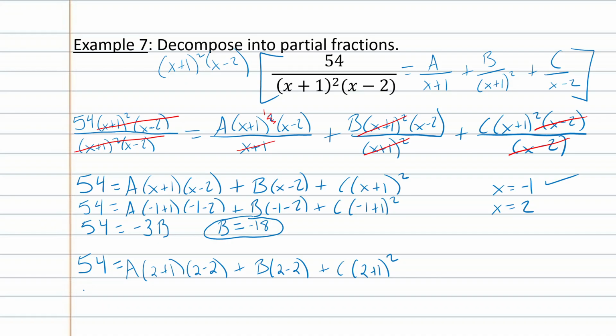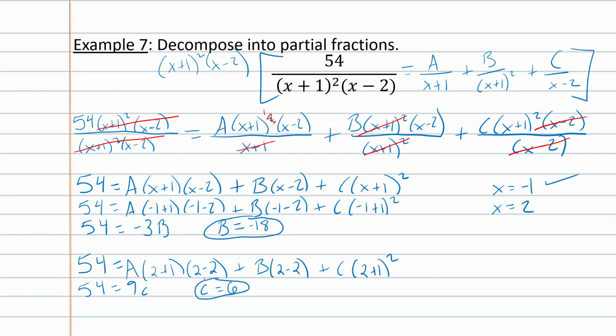Alright, looks like we're solving for c in this next one. The a term disappears because you have a 2 minus 2, which is 0, times a is 0. 2 minus 2 is 0, times b is 0. So it looks like we're just left with the c term here. 2 plus 1 is 3. 3 squared is 9. So I'm looking at 9c, which means that c is going to equal 54 divided by 9, which is 6.